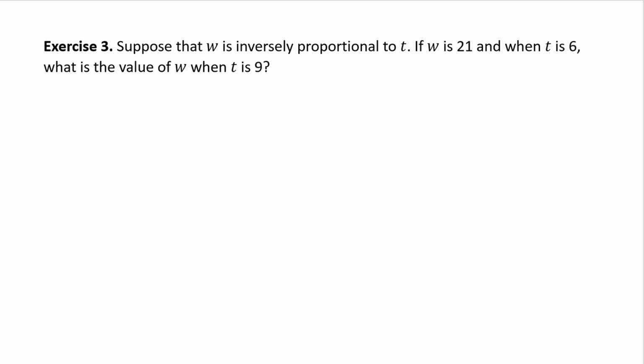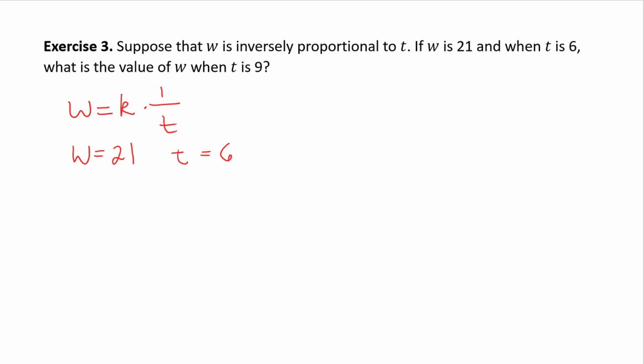For inversely proportional, we use the model w equals k, the constant of proportionality, times 1 over t. In the statement of the problem, we are given initially that w is 21 when t is 6. We'll use that information to solve for k.